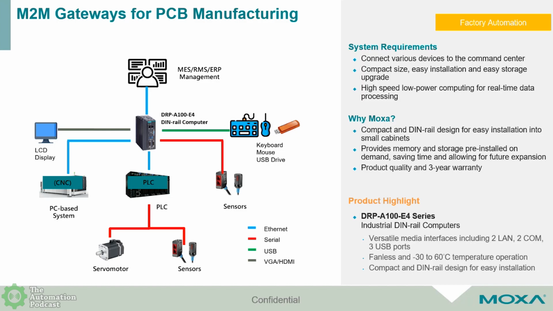It has, like I said, several things connected to it: a keyboard, a mouse, an LCD display. Then you have other systems connecting to it through your LAN ports. Industrial applications have lots and lots of sensors, so you have sensors connecting via the PLC or directly to the computer.